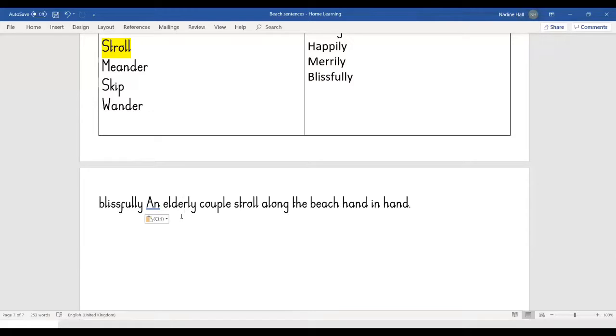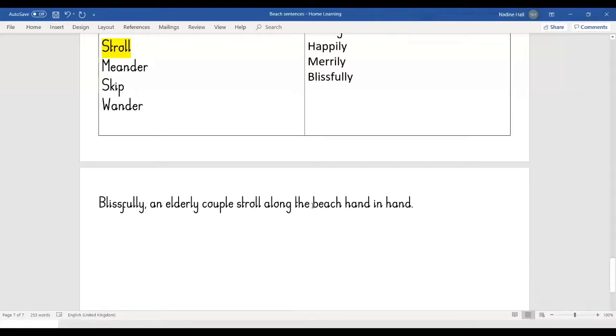Now, if I'm going to choose to do that, there's some punctuation that I need to sort, isn't there? I'm sure some of you have spotted it already. So my sentence needs to start with a capital letter. I don't need a capital letter here anymore, but what I do need is a comma after my adverb. So blissfully, an elderly couple stroll along the beach hand in hand.